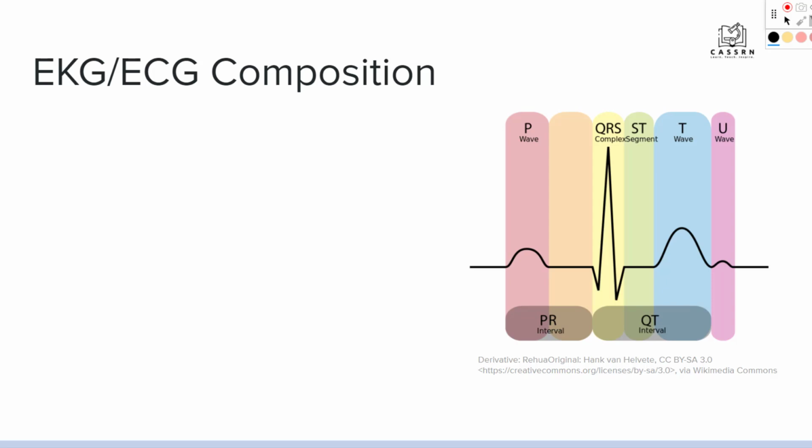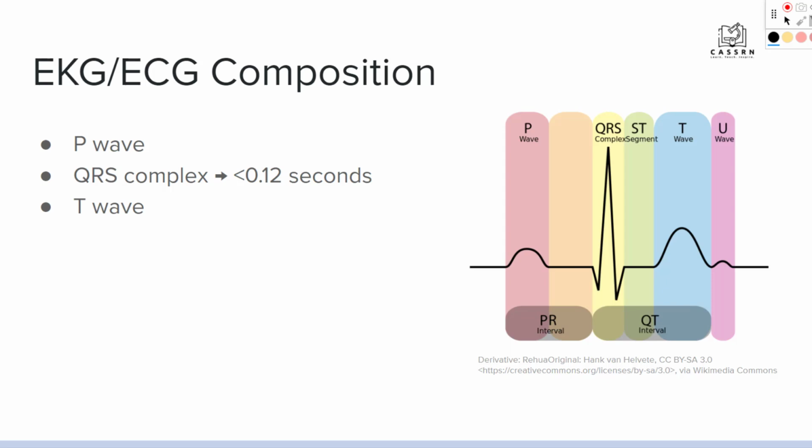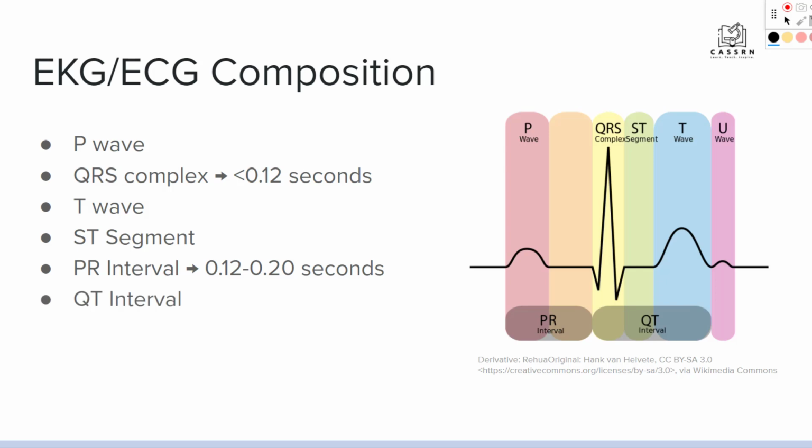So right here, we've got just a 1-beat EKG rhythm, and it's got a P wave, a QRS complex, which should last less than 0.12 seconds, a T wave, an ST segment, the PR interval, which should last from 0.12 to 0.20 seconds, the QT interval, and the RR interval, which is ultimately your regularity and your rate.